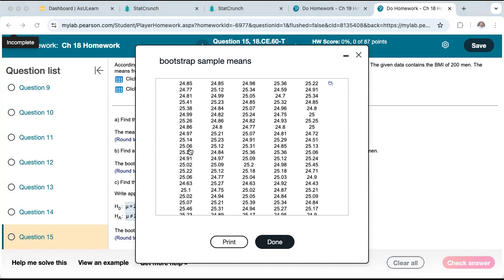What did I do? What was the difference here? I do the negative of the sample mean plus that. That's how I got negative 0.18. So I do 24.9 minus 0.18, I get 24.72.